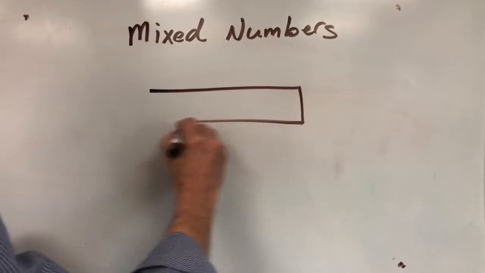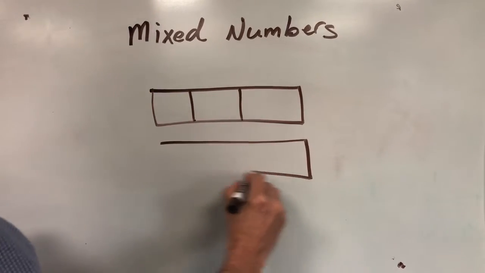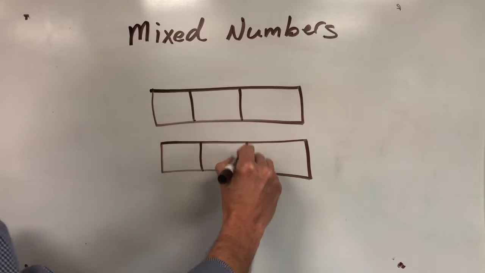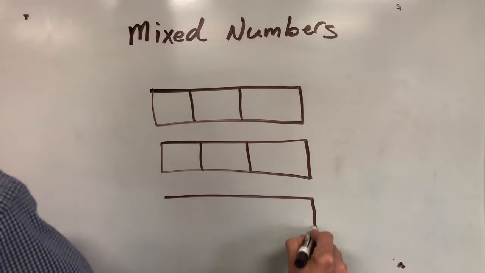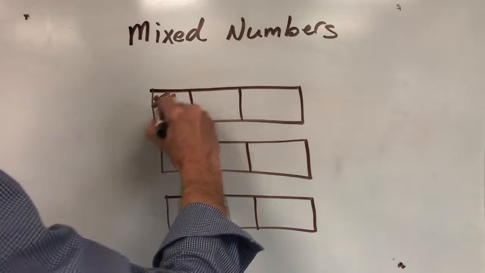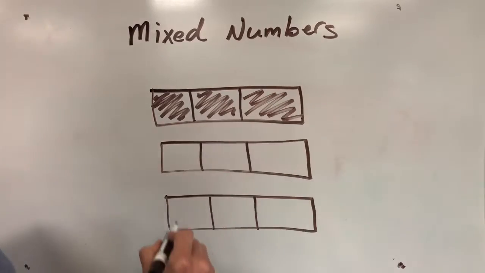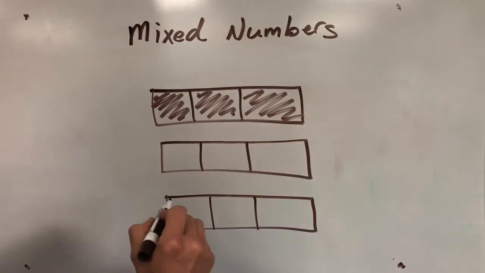So if we have one strip here, we have another strip here, and we have another strip here, and this one's shaded, and this one's shaded, and this one's shaded. There are 3 in that strip.